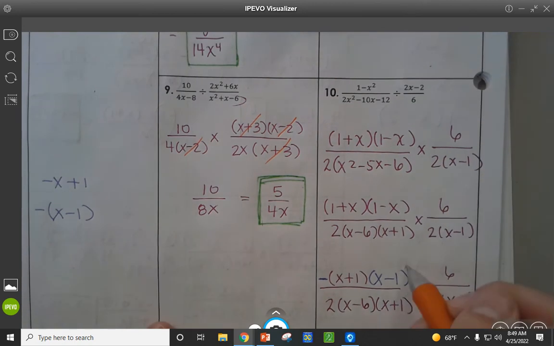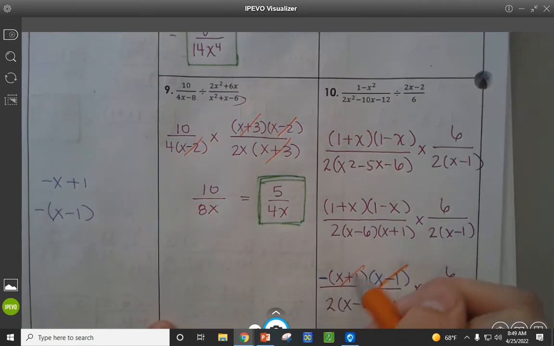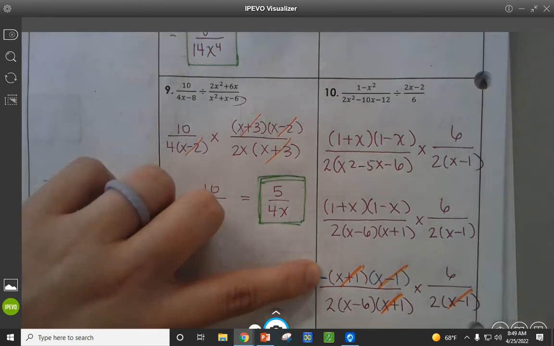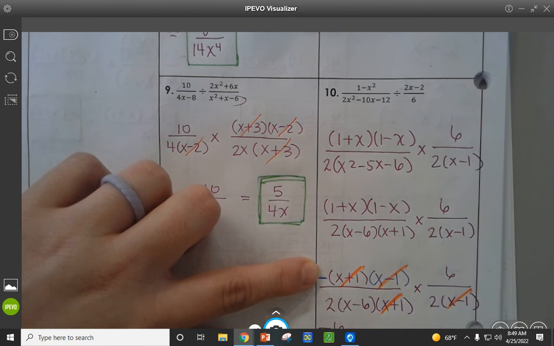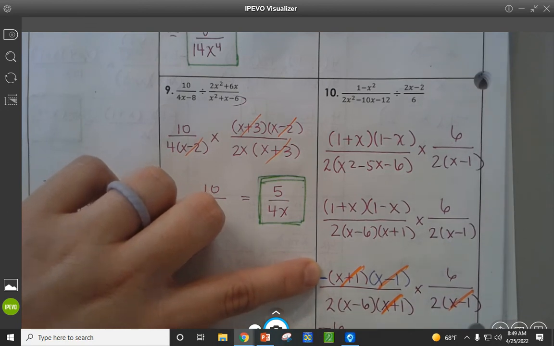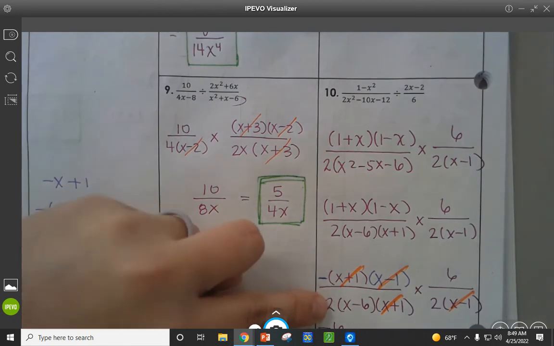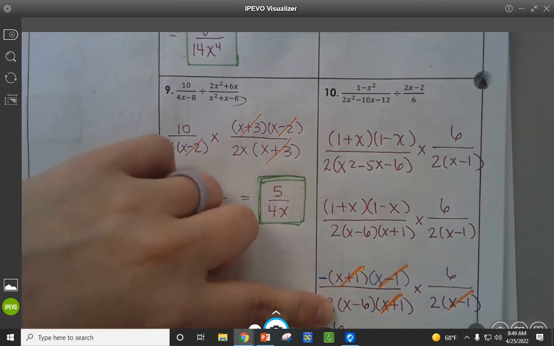So then my x minus 1s cancel. My x plus 1s cancel. And I've got negative 6 on the top, and then 4 times x minus 6 on the bottom. Can I cancel out these minus 6s?